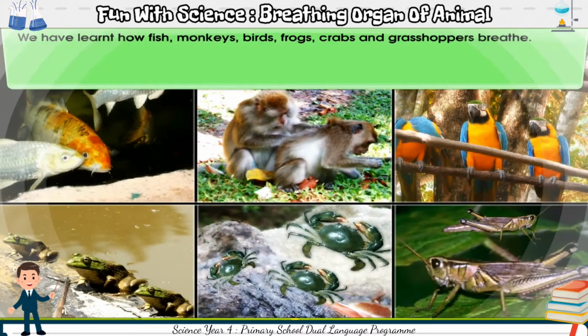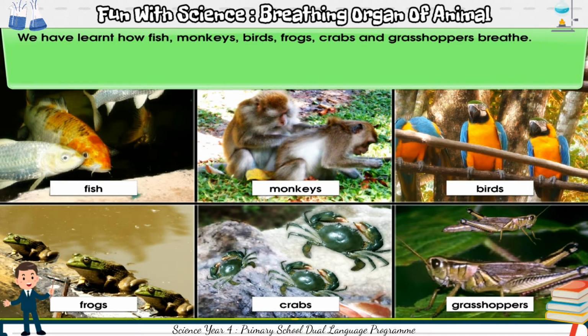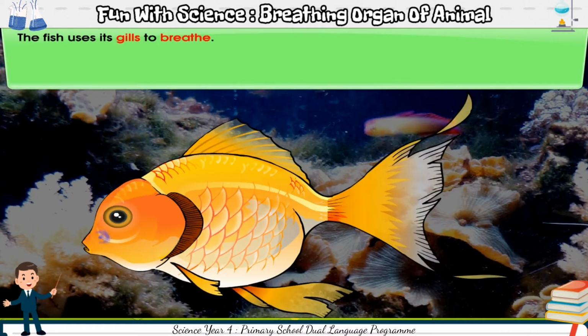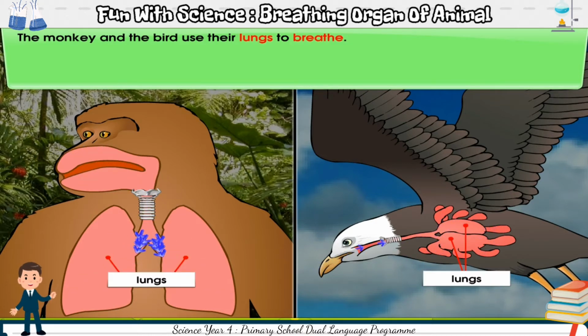We have learned how fish, monkeys, birds, frogs, crabs, and grasshoppers breathe. The fish uses its gills to breathe. The monkey and the bird use their lungs to breathe.